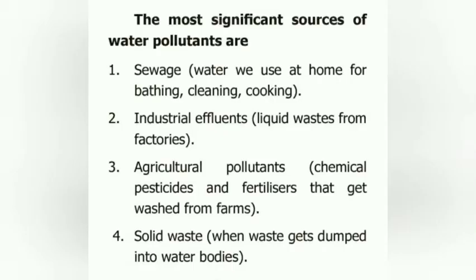There are different sources of water pollutants like sewage from the home, industrial effluents, that is the wastes, agricultural pollutants like fertilizers and pesticides, and solid waste which gets dumped into water bodies.